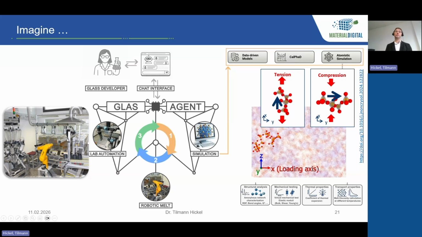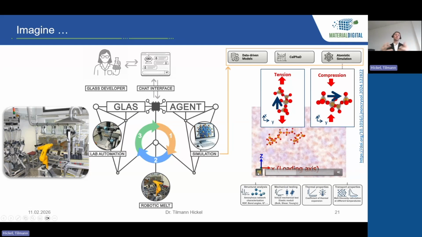For instance, here that's the project Class Agent, and so we would like the glass production characterization to be guided at least by an LLM, and you would like to enrich this guidance by simulations, as shown here, MD simulations.